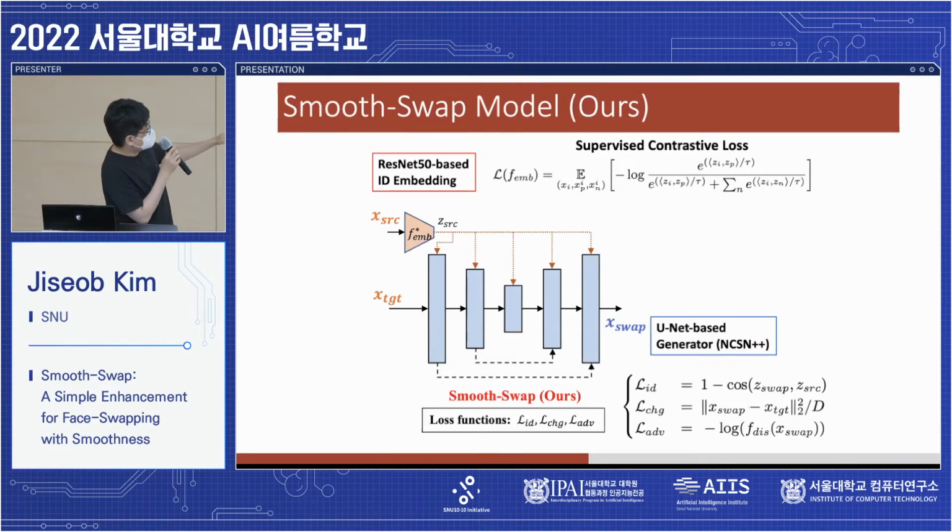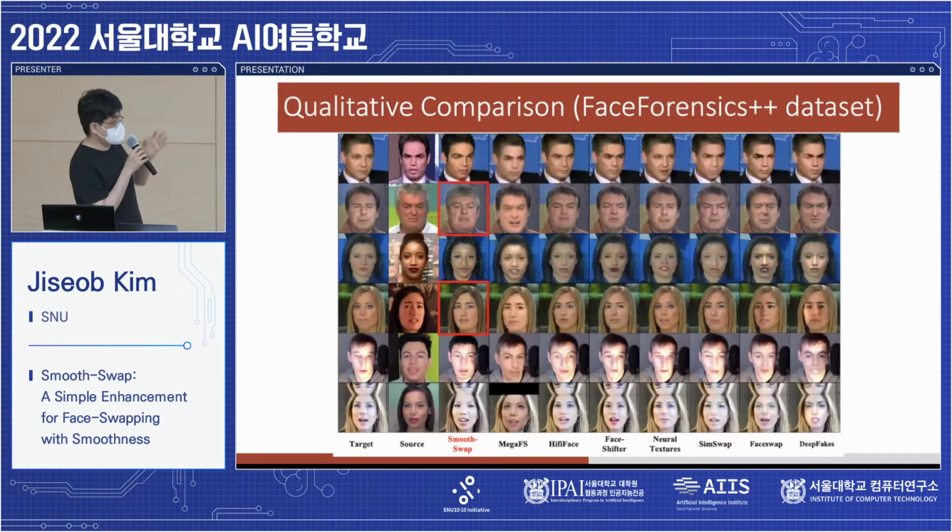The first one is identity loss, which is for the first condition, and the second is the change loss, or perceptual loss, which is for the second condition. And the third is adversarial loss to make the generated image plausible. And this is it. This is all of our model components.